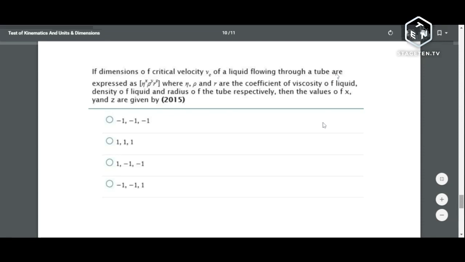Keep Vc on the left hand side and the rest on the right hand side, and then equate the values. You will get the values for x, y, and z.